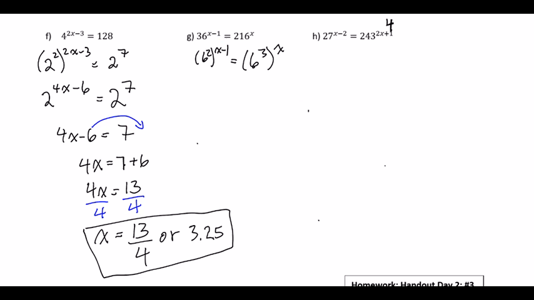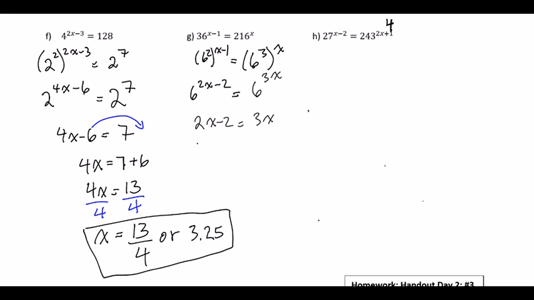So now we end up with 6 to the 2x minus 2 is equal to, now the 3 and the x are multiplied together because it's power of a power. So now we end up with 6 to the 3x. And now we just simplify by dropping the base. So we get 2x minus 2 is equal to 3x. Now we have to put all our x's on one side. In this case, all my x's are always put on my left side.